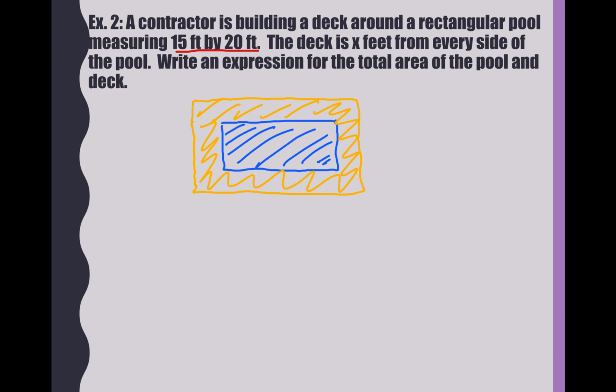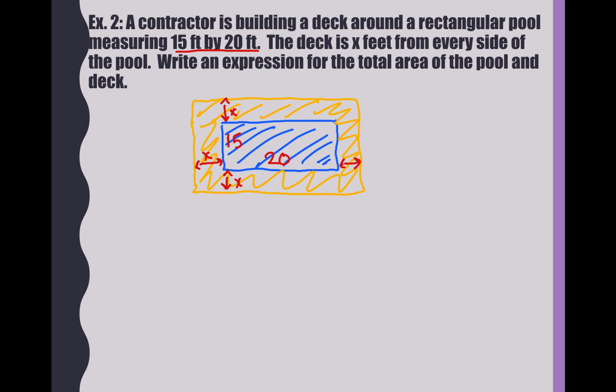And the deck is x feet from every side of the pool. So that means this is x, this is x, this is x, and this is x.